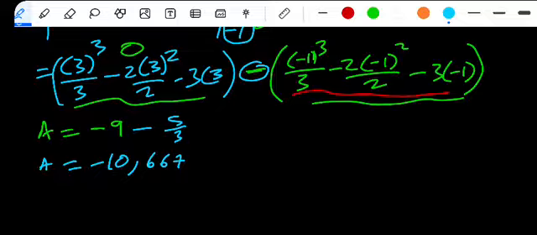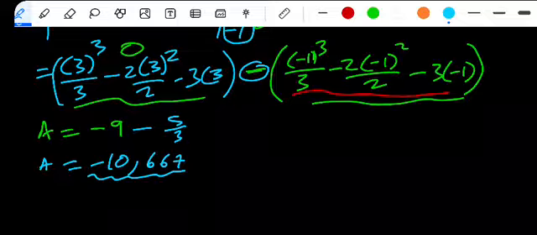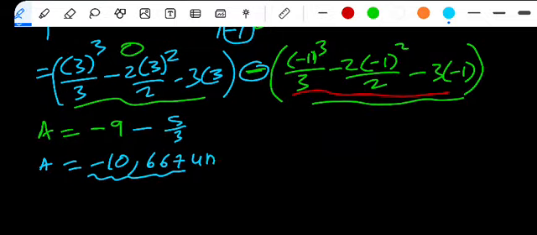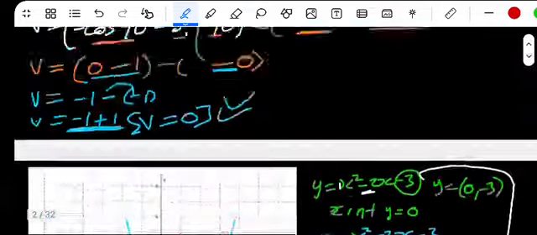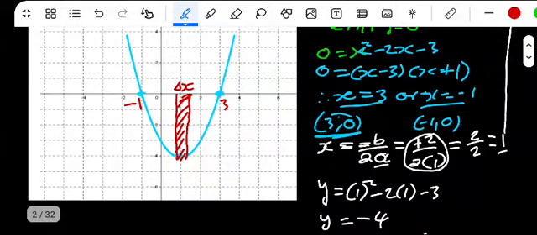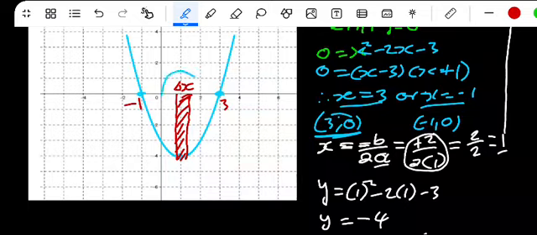You check, we have your answer to be negative. Okay, units, obviously we'll say just units squared, because it is the area. But you check, where did we draw the representative strip? It's in the positive region, from the turning point. As you can see, our representative strip is in the positive region.